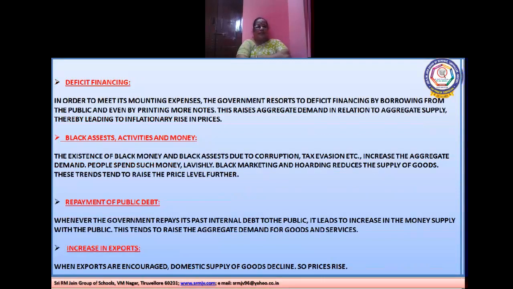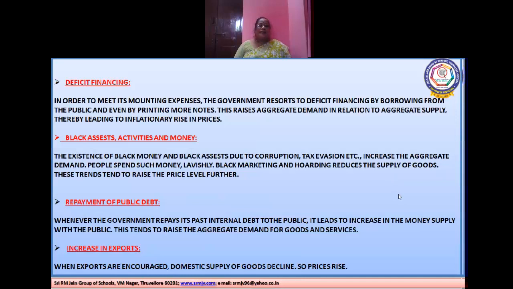Deficit financing. In order to meet the mounting expenses, the government resorts to deficit financing by borrowing from the public and even by printing more notes. This raises aggregate demand in relation to aggregate supply, thereby leading to inflationary rise in prices.